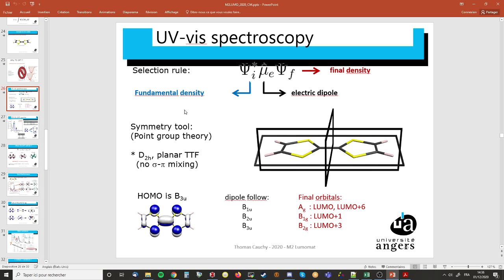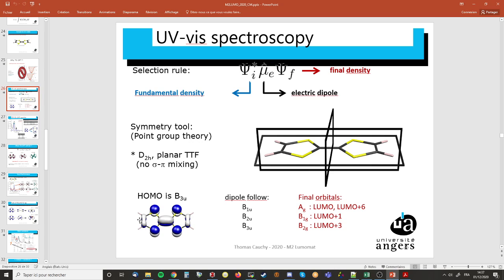If we consider that the electrons that are not excited, that means all the electrons minus 1, keep in the same region, let's say the electronic reorganization is not too strong, we can just consider that the transition depends on the initial orbital of the electron and the final orbital of the electron.